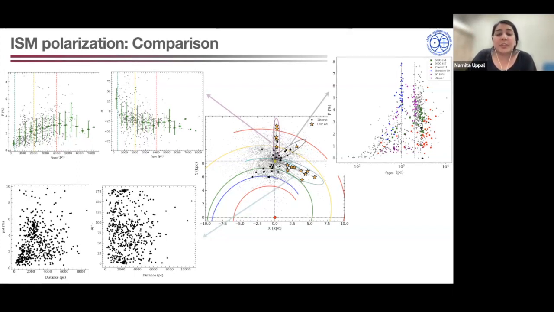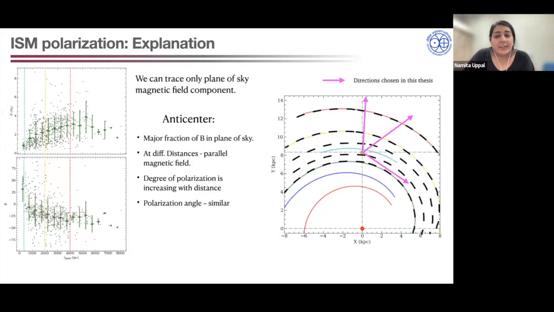So what could be the possible case? It has been observed in many external galaxies that the magnetic field is oriented parallel to the spiral arm of the galaxy. If the same is the case in our galaxy, what will happen if magnetic lines are parallel to the spiral arm? In the polarization measurement, we can only measure the plane-of-sky component of the magnetic field.